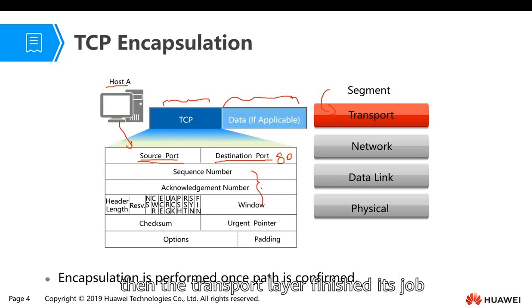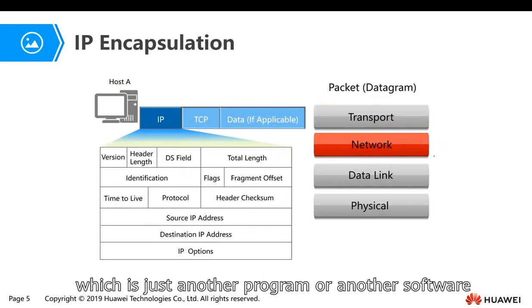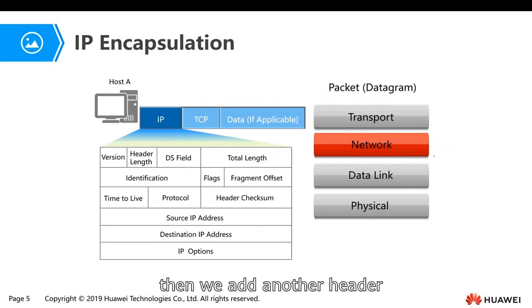Okay, and then the transport layer has finished its job, and this data is forwarded to the network layer. In the network layer, just another program or another software, we add another header, the IP header, to this data.